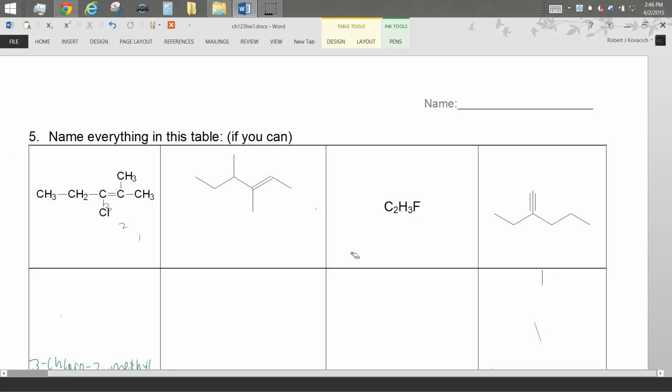Okay. These are not the same thing. These are not the same thing. Could be cis or trans. So how do I know if it's cis or trans or not? Is there something over here that's the same as something over here? Yes. The CH3s.